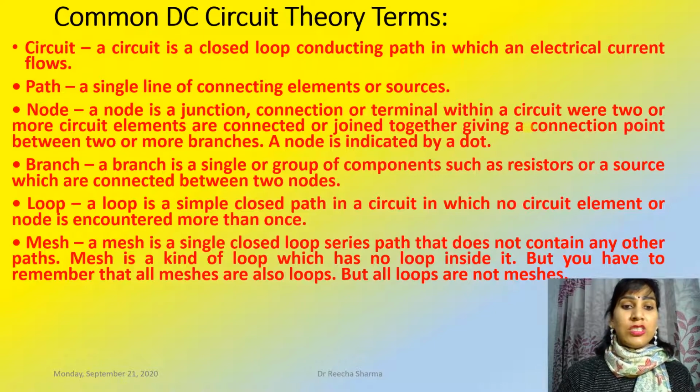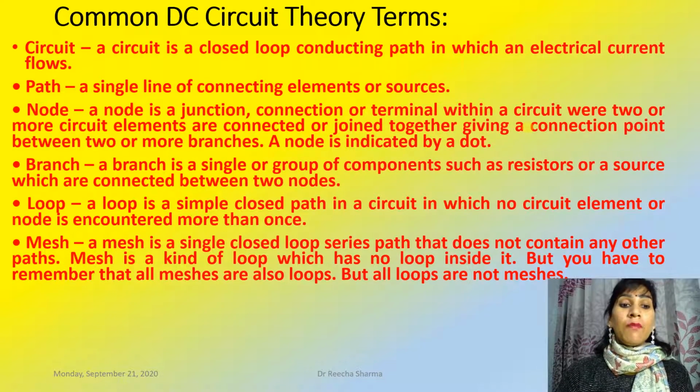Branch. A branch is a single or group of components such as resistors or a source which are connected between two nodes. Loop. A loop is a simple closed path in a circuit in which no circuit element or node is encountered more than once.